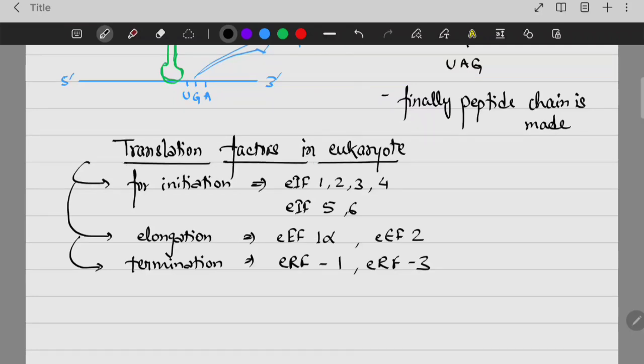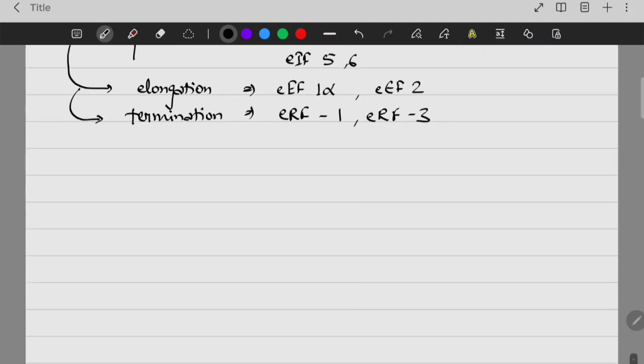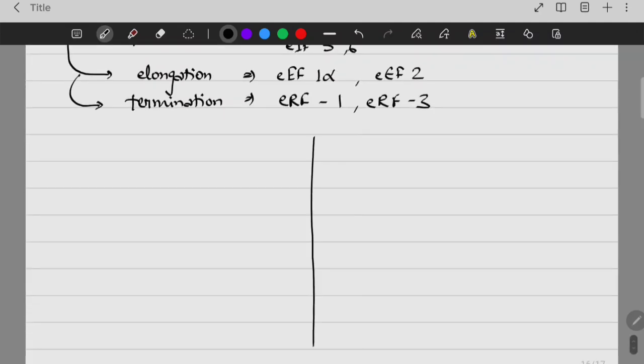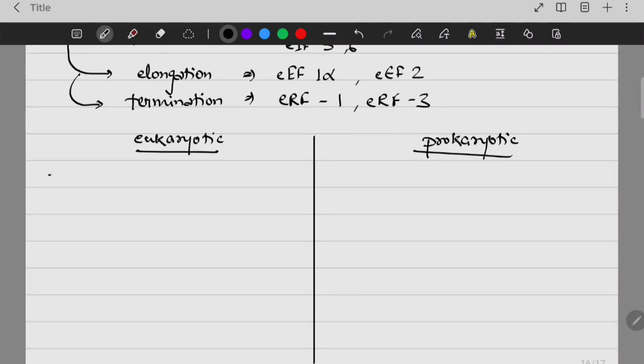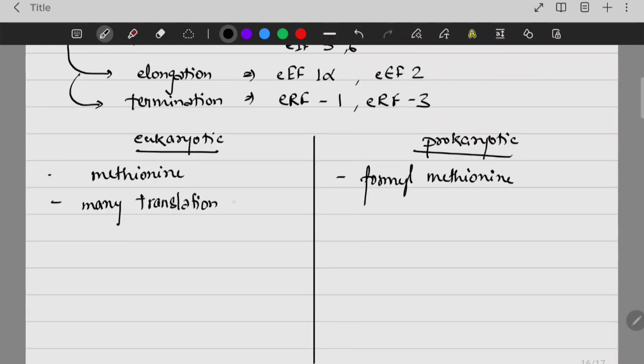Now some other differences between eukaryotic and prokaryotic translation, I should make a table here. Eukaryotic, prokaryotic. Here in eukaryotic the first amino acid is methionine, but in prokaryotic it is formyl methionine. Many translation factors in eukaryotes, less factors in prokaryotes.